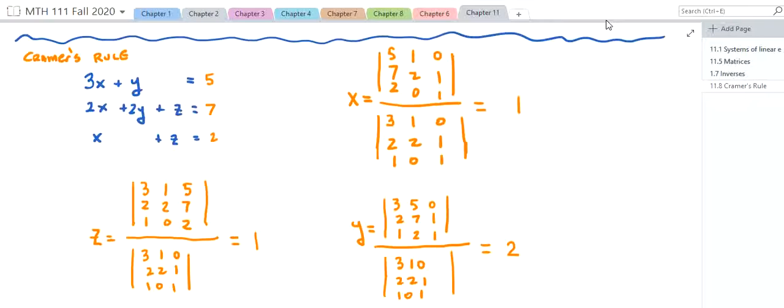And then if you know that x equals 1 up here, you could put it in this equation and quickly find out y. So doing all this is not always necessary if you're solving this for some work you're doing in the lab or something. So anyways, that's Cramer's rule. Now, of course, if we had four variables, these would be 4 by 4 determinants.